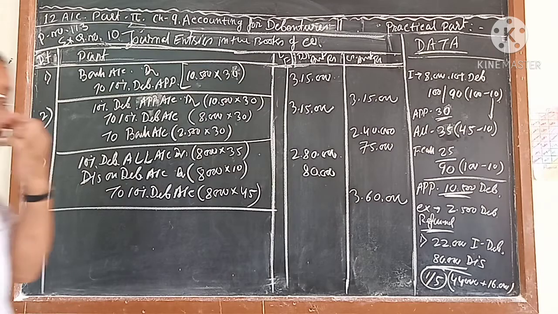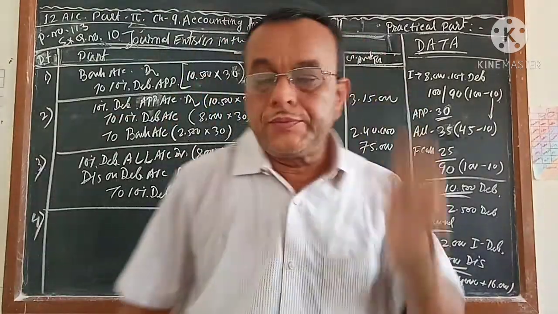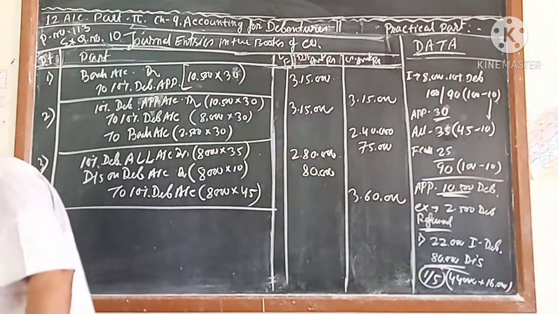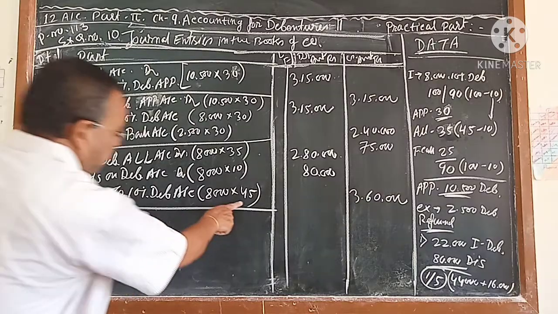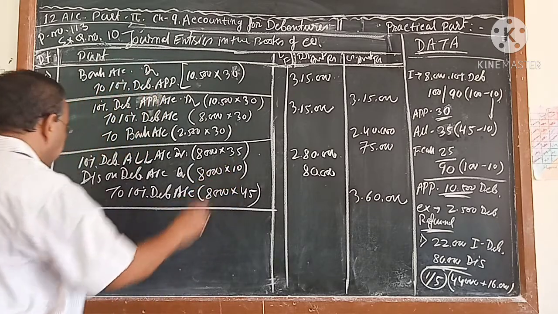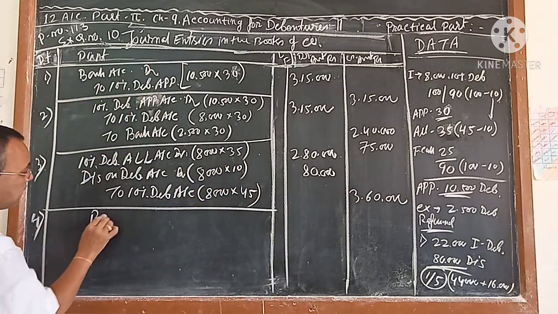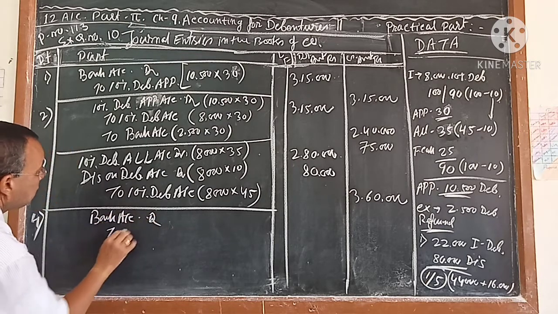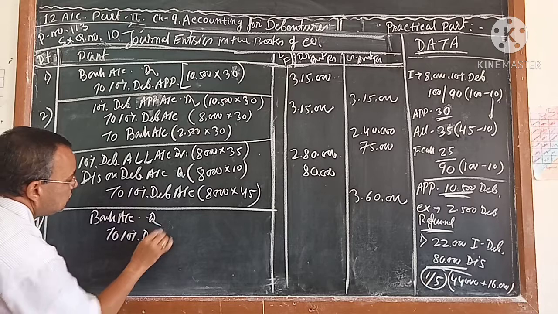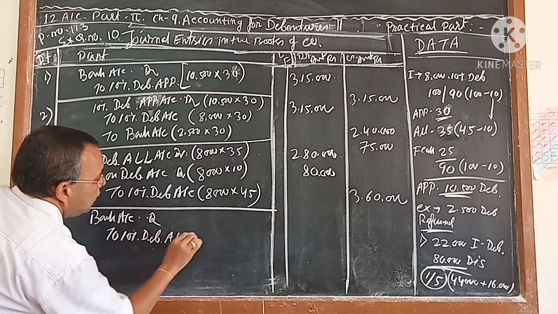Now what entry will we pass? We will pass the entry for receiving, the receiving entry for allotment. How much money will you receive? Will you receive 45? No, we will receive 35. So we write here: bank account debit to 10% debenture allotment account.